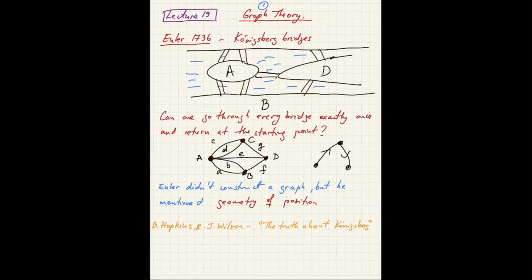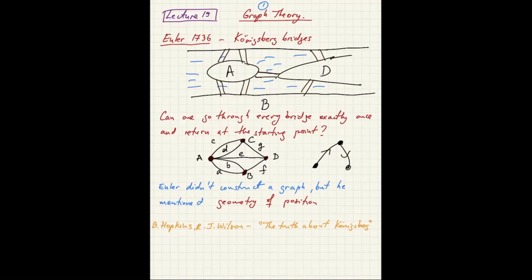In order for someone to start at some node, go through every bridge exactly once, and come back to where they started, the number of bridges incident with each land mass would have to be even, because every time you go through one of these pieces of land, you're using exactly 2 bridges, one to go in and one to come out.